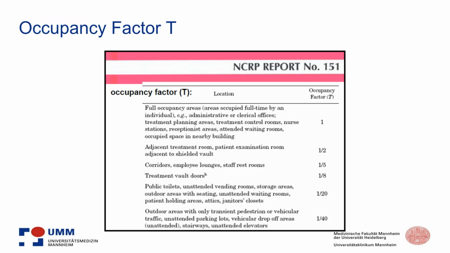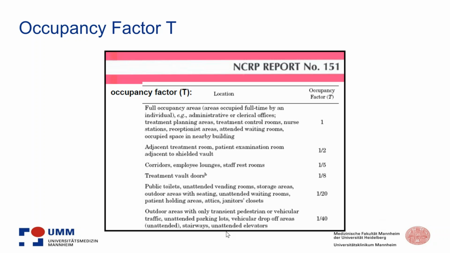So you define these areas by using these occupancy factors. If you have an occupancy factor of 1, that means this area could be full-time occupied by any individual. So this is typical for offices and some occupied spaces nearby the building, and also for public areas.